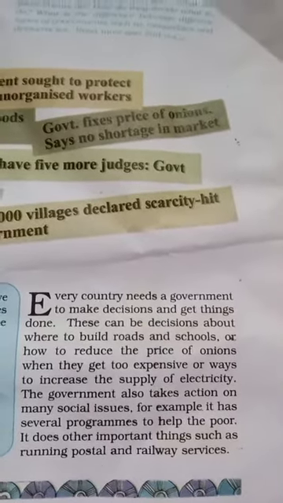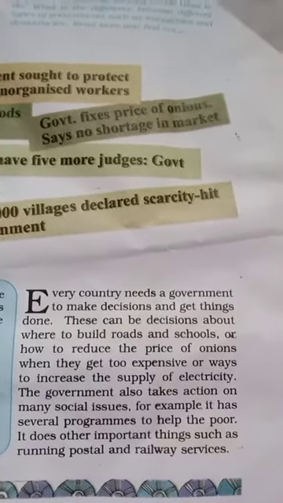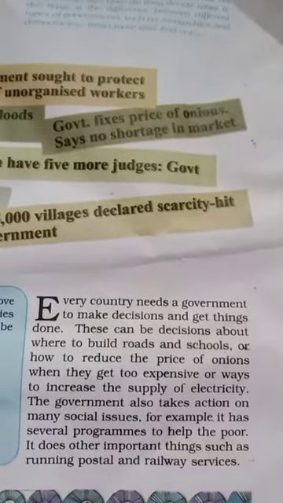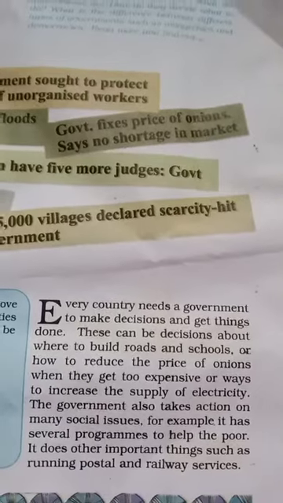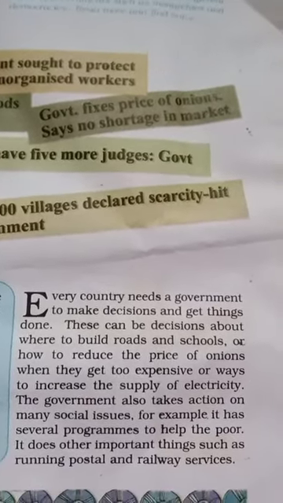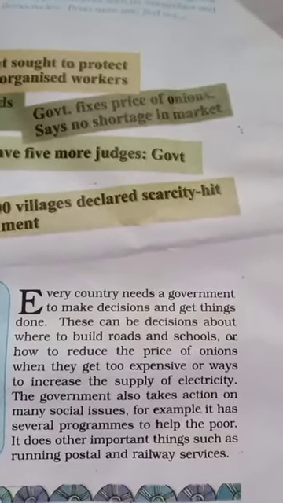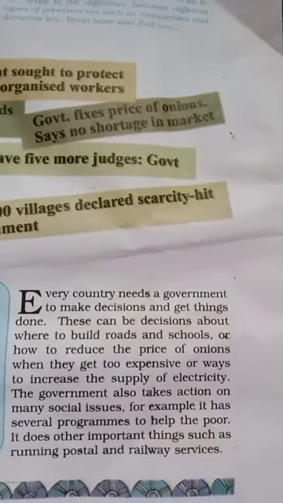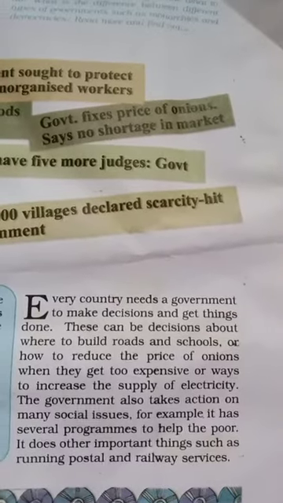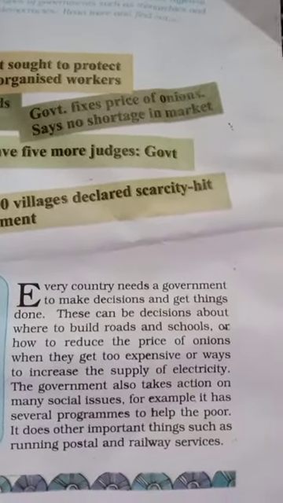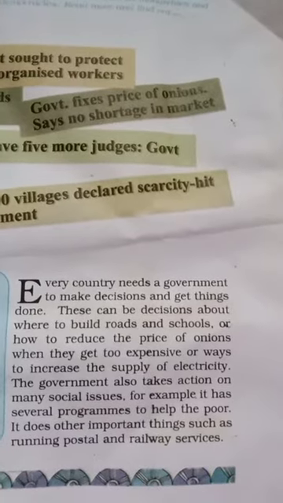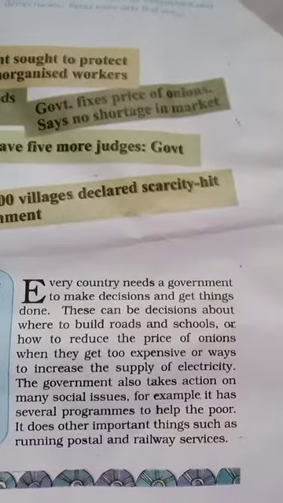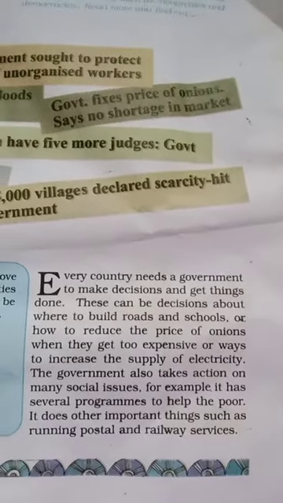So, the first one was where to build roads and schools in a country, in a region. These are the duties of the government. Decisions are taken by the government on how to reduce the price of onions when they get too expensive, to reduce the price of vegetables, fruits, essential commodities, and to increase the supply of electricity, to supply electricity to all people and all parts of the country.